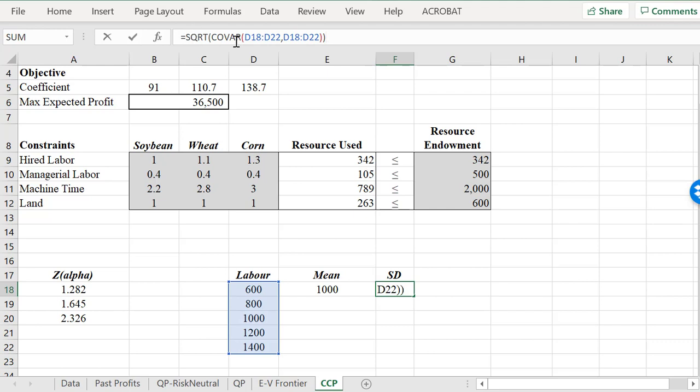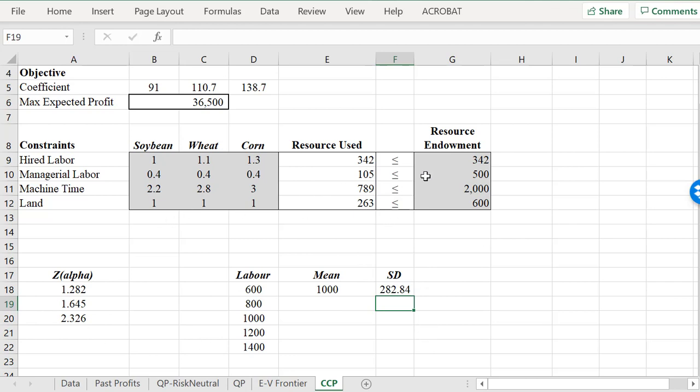You take the square root of your variance, and you get your standard deviation. Again, I'm not asking you to do this. If you're interested, you can spend a little time on this formula. If not, it's totally fine to calculate the number by hand and just input 283 here.